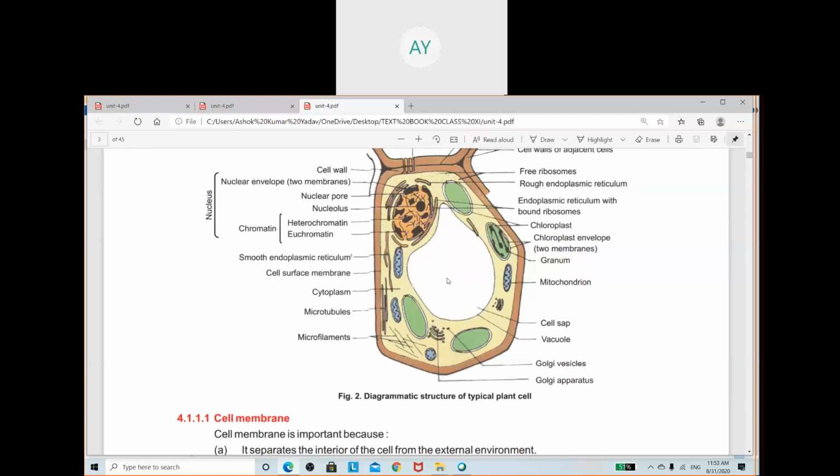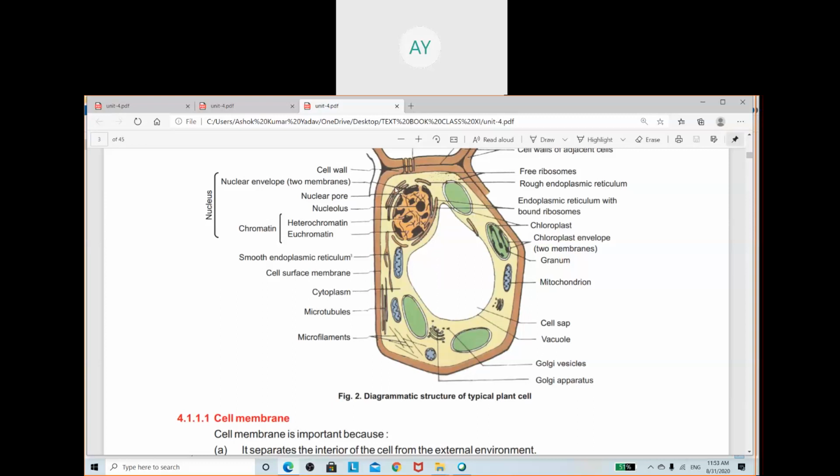Okay, and you will find the Golgi apparatus, that is responsible for packaging of the protein. And endoplasmic reticulum.